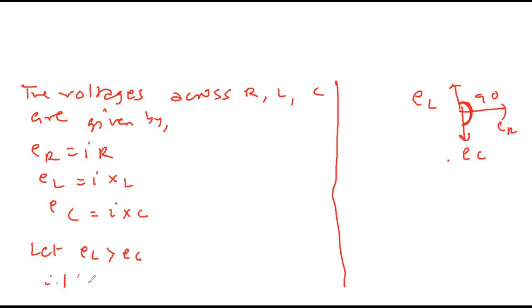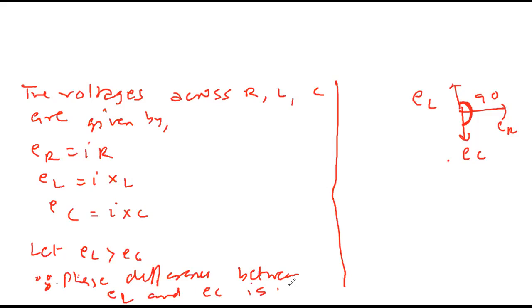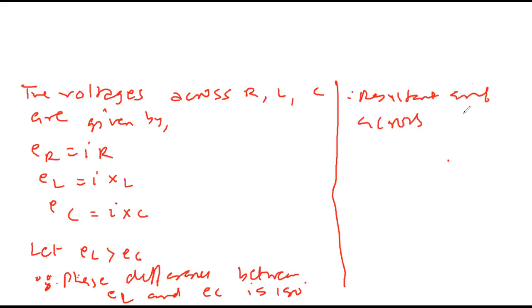Therefore, since the phase difference between EL and EC is 180 degrees and EL we have taken greater, the resultant EMF across L, C equals EL minus EC.